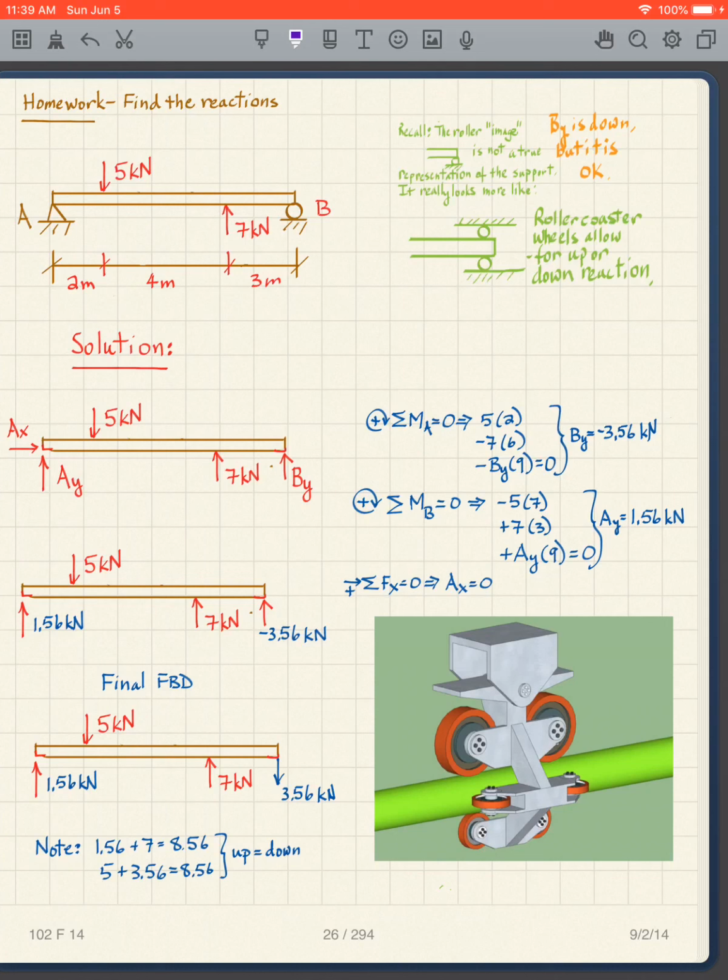And we have our initial free body diagram.